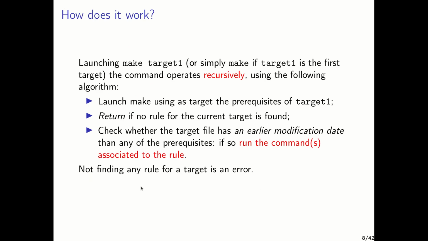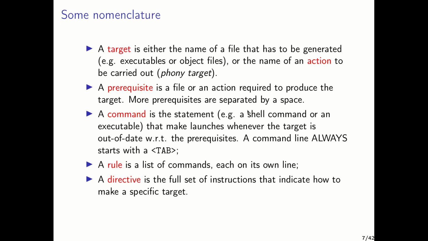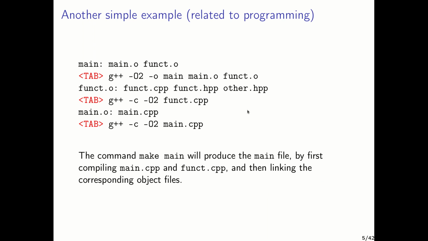So how does it work? Well, the way make works is very simple. When you launch make target1, the command operates recursively. It looks at the prerequisites, and if no rule for the current target is found, it will return. If not, it will check the prerequisites, because the prerequisites may be themselves targets, like here, right?